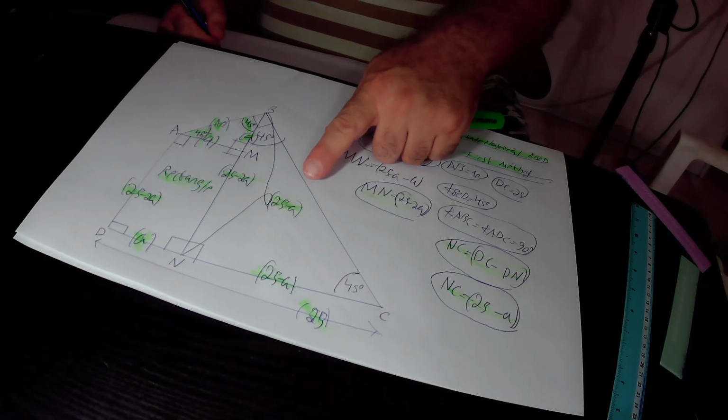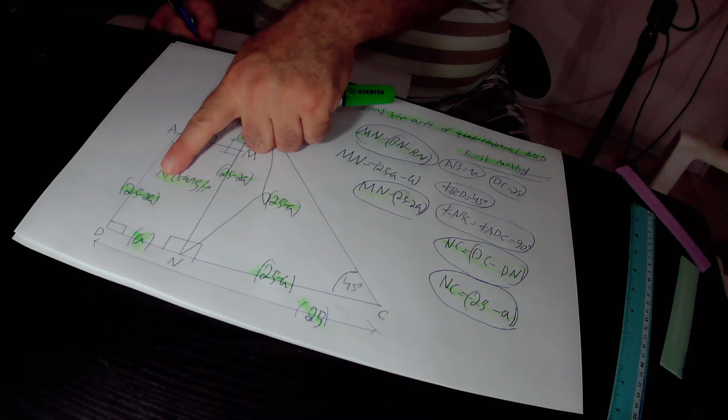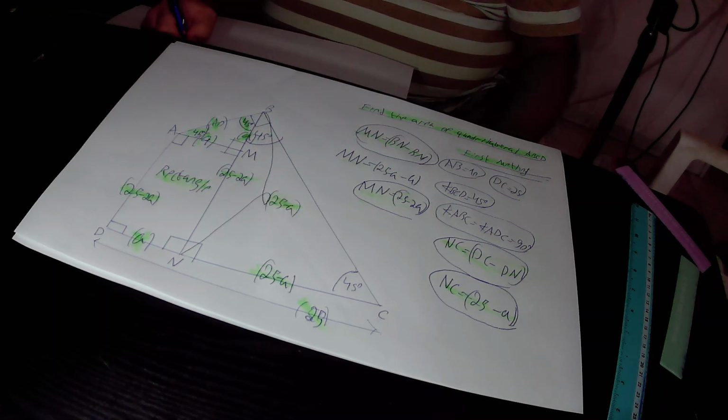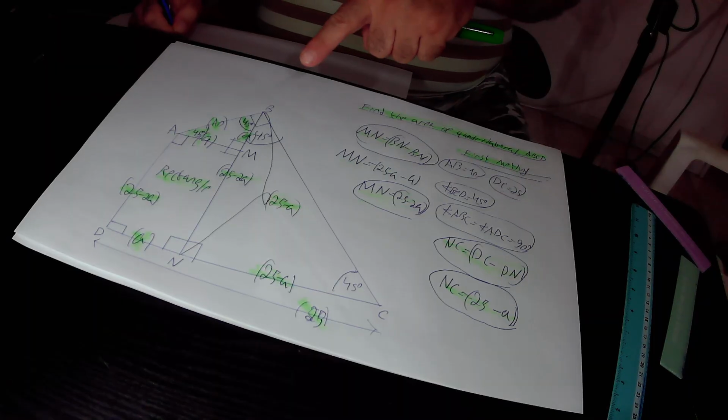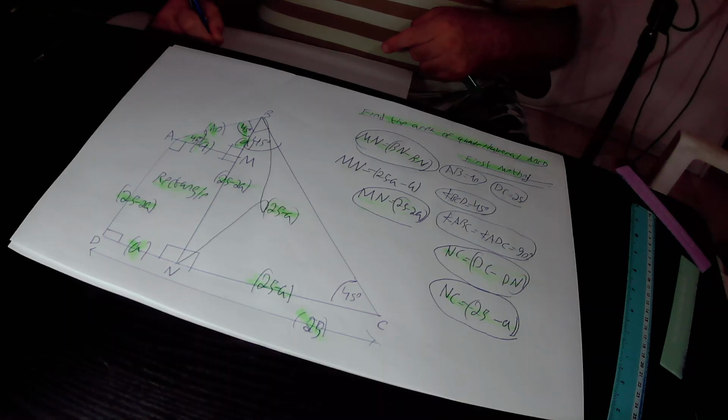BN equals 25 minus A, plus AD. AD equals 25 minus 2A, times the height AM. AM equals A, over 2.